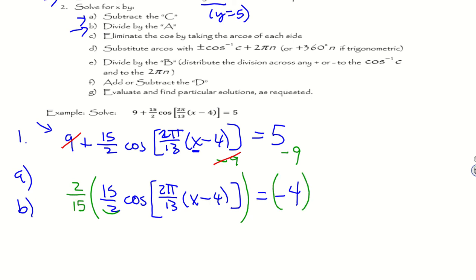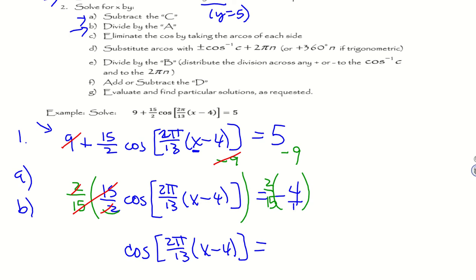I'm going to do that on the left side and on the right side. So that divides out that fraction, my 15s and my 2s, leaving me the cosine of 2 pi over 13 times (x - 4) equals negative 4 over 1 times 2 over 15, which is negative 8 over 15. So that's my B step.